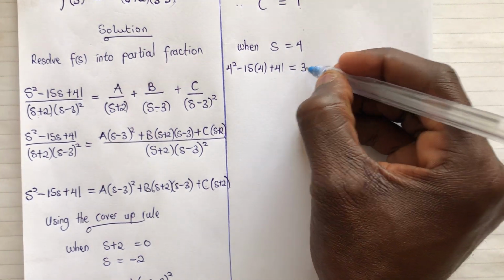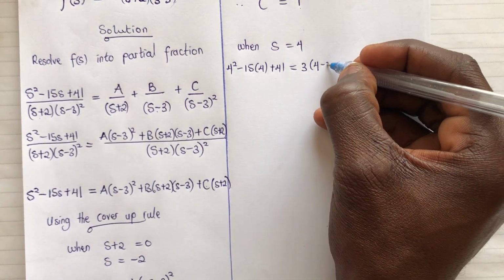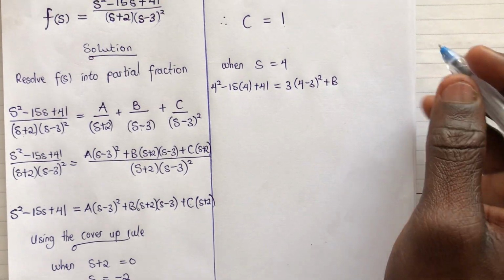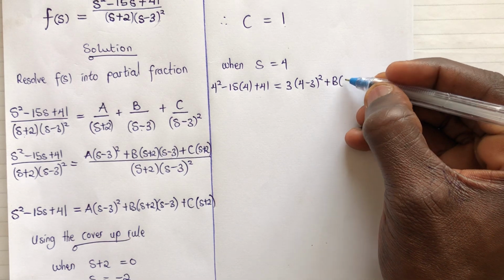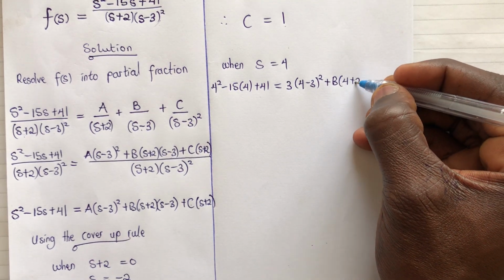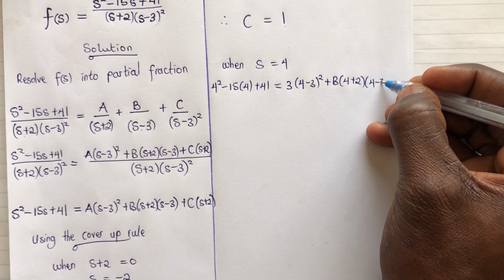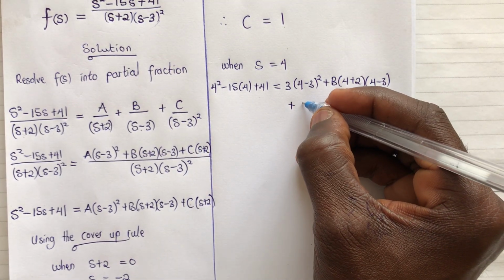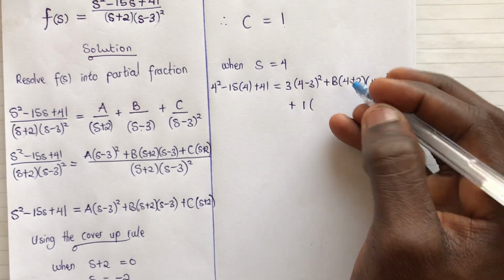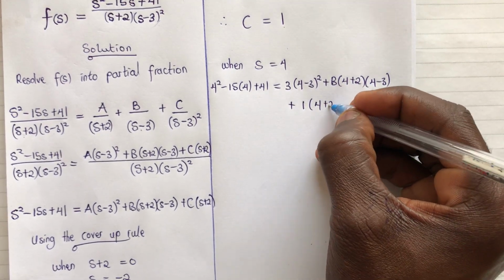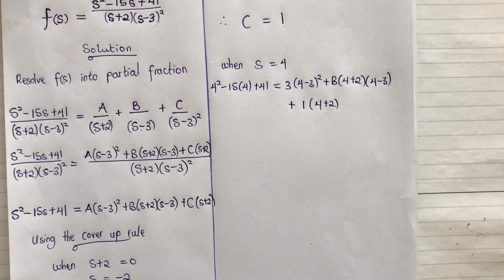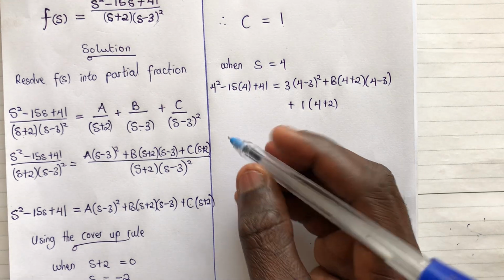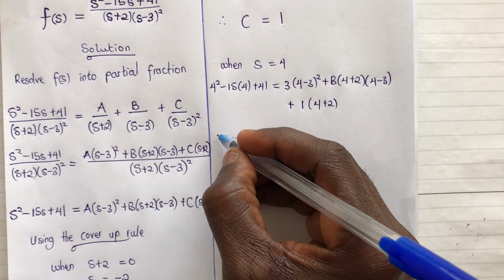We had 3 into 4 minus 3, or square, plus b, we don't know the value of b, into 4 plus 2 into 4 minus 3, then plus c. What is c? c is 1 plus 1 into bracket 4 plus 2. Okay, do we get it now? So I've substituted the value of a and c.